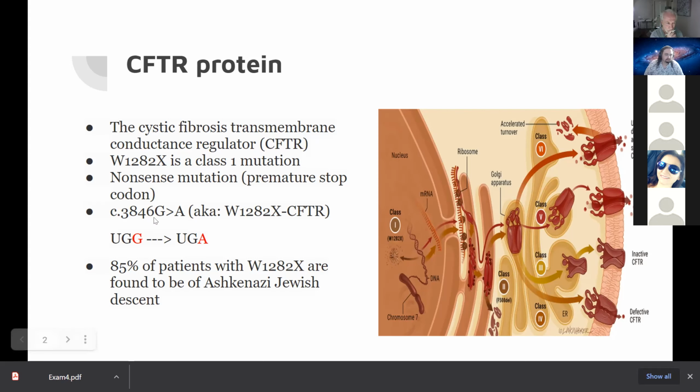W refers to tryptophan, UGG, and it's been replaced with UGA, which is a stop codon. And this is what caused the mutation. 85% of the people who have this mutation are Ashkenazi Jewish.